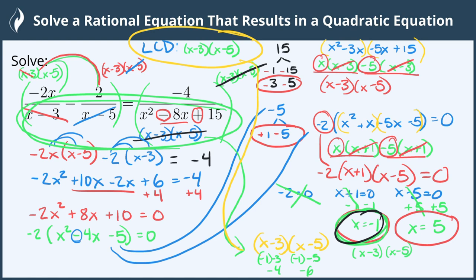If we substitute it in, we get 5 minus 3 and 5 minus 5. 5 minus 3 is 2, but 5 minus 5 is 0. This means that I would be dividing by 0 and the rational expression would be undefined. So we cannot use 5 as an answer. So our only answer is x equals negative 1, and we're all done.